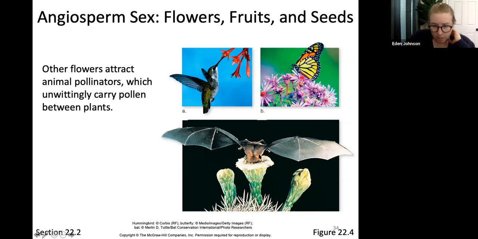On the edges, where the bat's head is literally in there, it is getting dusted with pollen that it's then going to pollinate other flowers with. So it's brilliant, and the same thing is going to happen with all of these different pollinators.